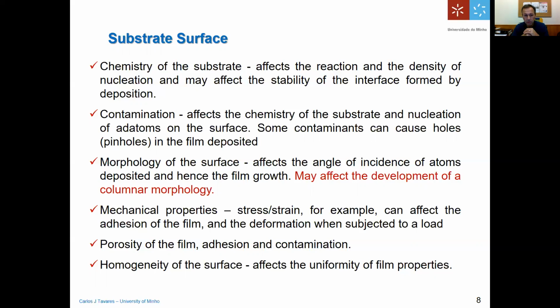And for example, if you are producing a thin film which has some specific lattice constants, some specific crystallinity, and it's growing on a substrate which is not isostructural, which has different lattice parameters, different type of crystallinity, then there will be a lot of stress on the first layers or the first monolayers of your thin film that will try to adapt to the substrate.